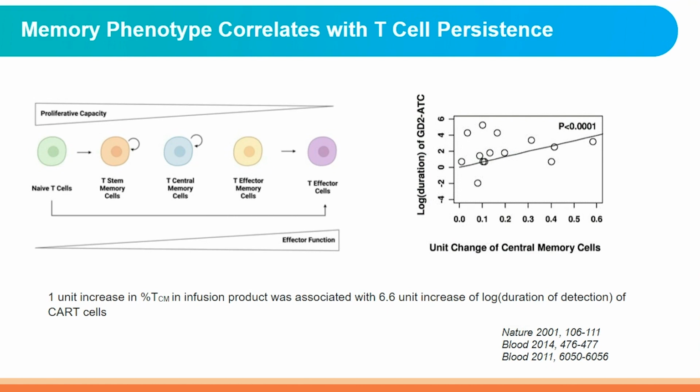You can see both stem memory T cells and central memory T cells can self-renew and therefore have very high proliferation capacity and will be more persistent in vivo. A study with GD2 CAR-T published in 2011 shows that every unit increase in the percentage of central memory T cells in the product was associated with 6.6 unit increase of log duration of CAR-T cells.